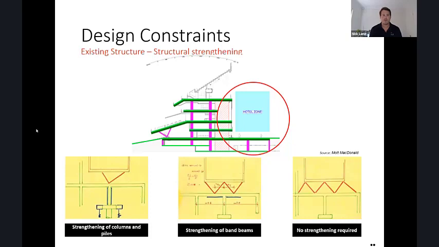This involved strengthening of columns, piles, band beams, a whole range of things. We got to the point where it was becoming quite challenging to achieve without strengthening works. So at the point of design here, we assumed that we were going to need to do some strengthening, and it was just a case of trying to minimize that as much as possible. Next slide, please.